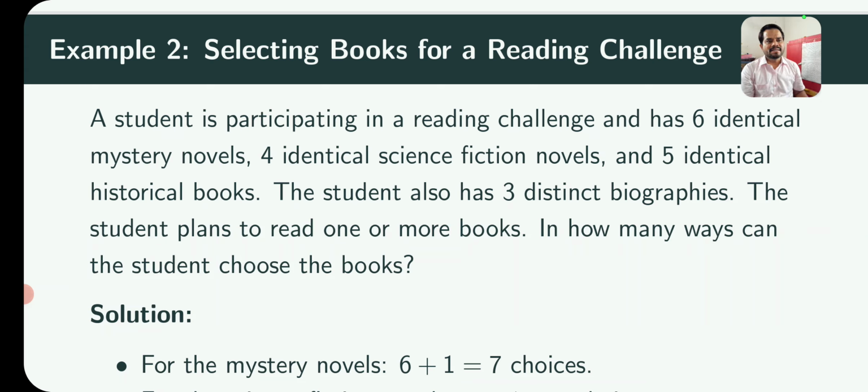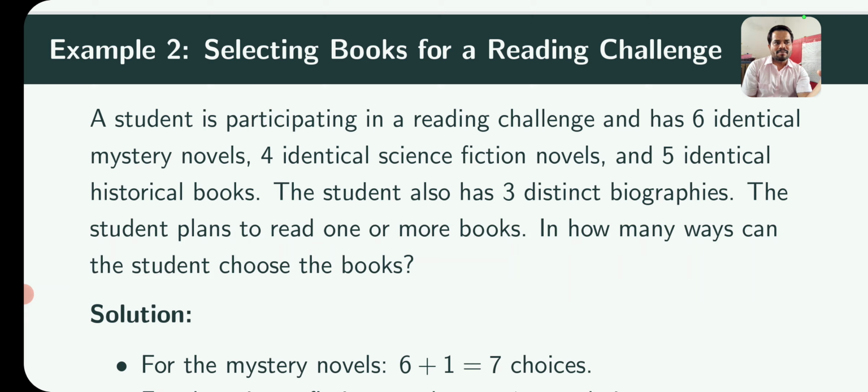So again, this is the same example, parallel to the previous one. For mystery novels, there are 6 mystery novels, so 6 plus 1 equals 7 choices. For science fiction novels, there are 4 identical ones, so 4 plus 1 equals 5 choices. For the historical books, there are 5 historical books, so 5 plus 1 equals 6 choices.